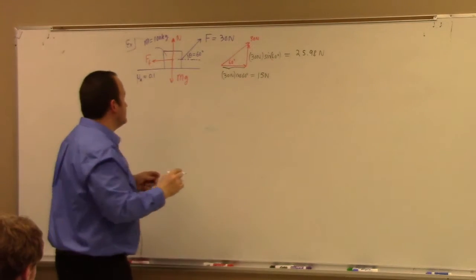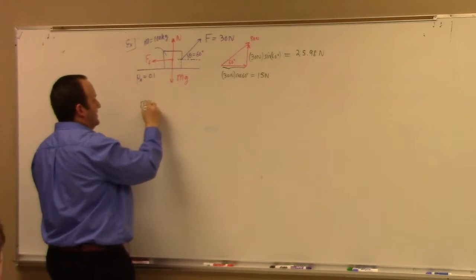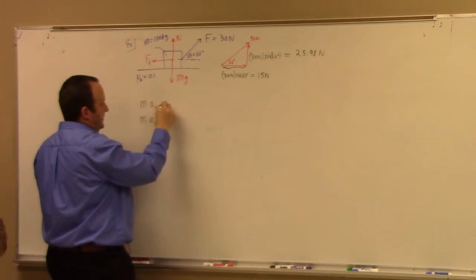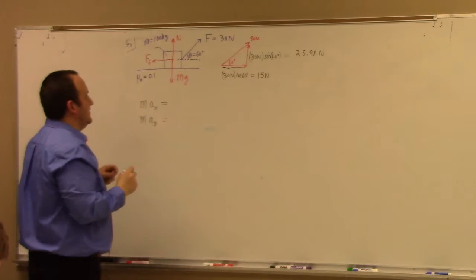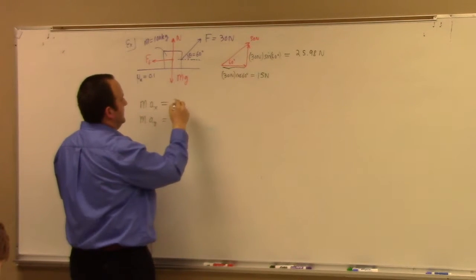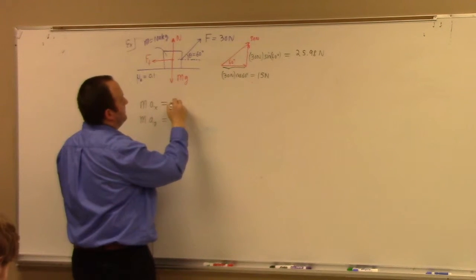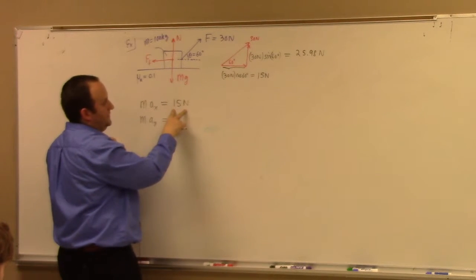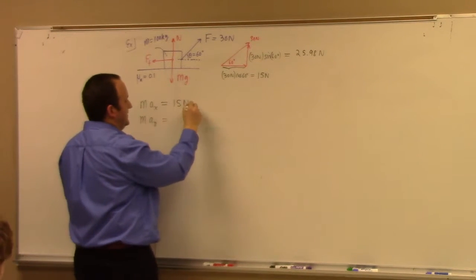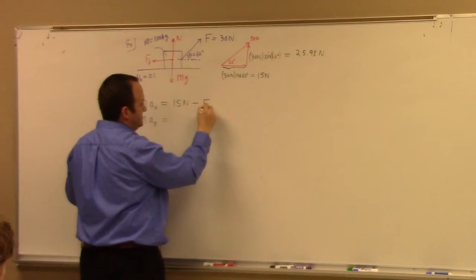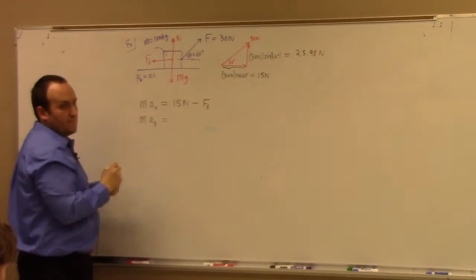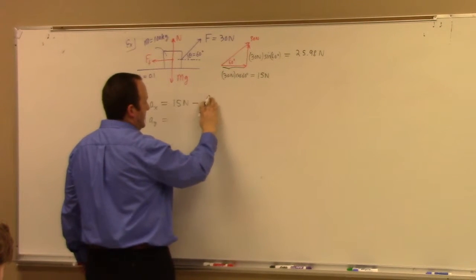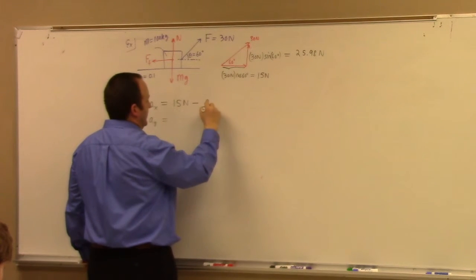Okay, so we look at the mass times the x acceleration, and we look at the mass times the y acceleration. Mass times the x acceleration is equal to what? It's equal to 15 newtons. That's the pulling force, right? Minus what? Minus the force of friction. Which, of course, I could write instead as what? 0.1 times what?